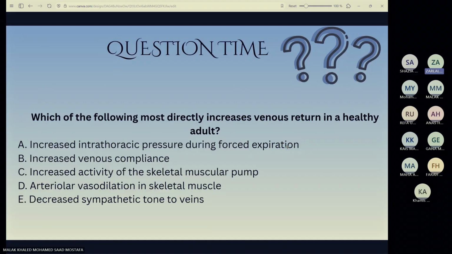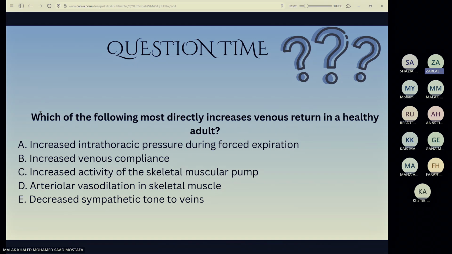Okay, we have a question. Which of the following most directly increases venous return in a healthy adult? Venous return, as in the blood that returns back to the heart. Okay, so the answer is actually C. Now, why is it not D, arteriolar vasodilation in skeletal muscles?